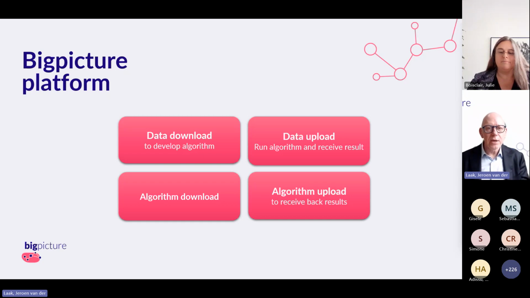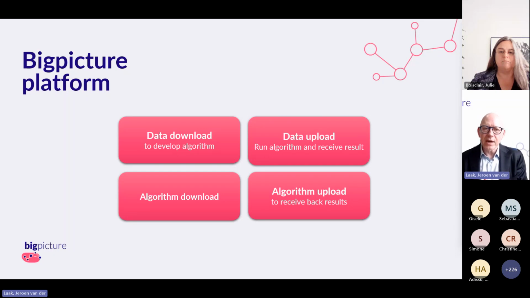Now, we realized that sometimes we have data that you want to use for testing your AI algorithm, but actually we do not want to release that data. We don't want you to get direct access. So we can also provide indirect access to data, which is the bottom right box here.